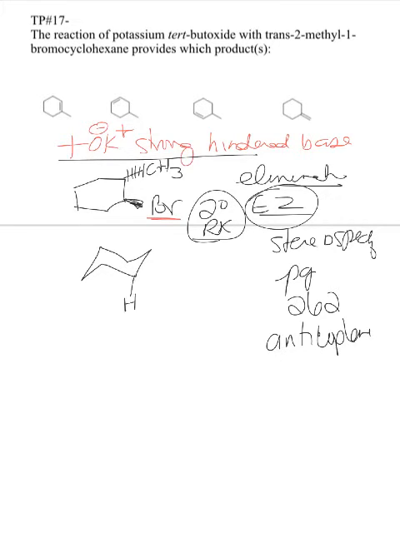So you remember this is axial and this would be equatorial. Now if that is up, you see that's equatorial up, then the methyl has to be down to make that trans, because it says trans here. So that's equatorial down. Now, in order for bromine to be in the leaving group position, we need to have it in the axial position. So what we're going to do is the ring flip.